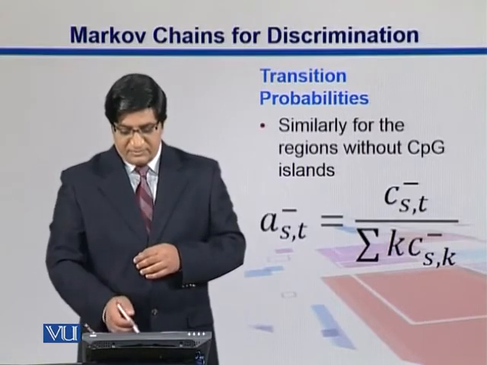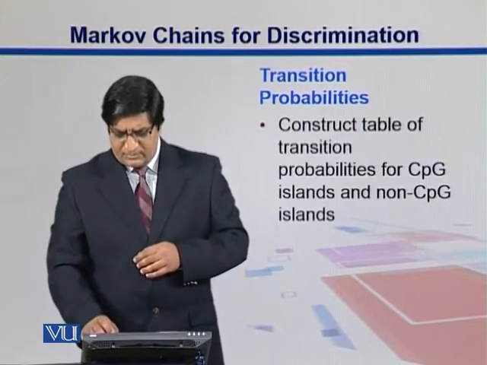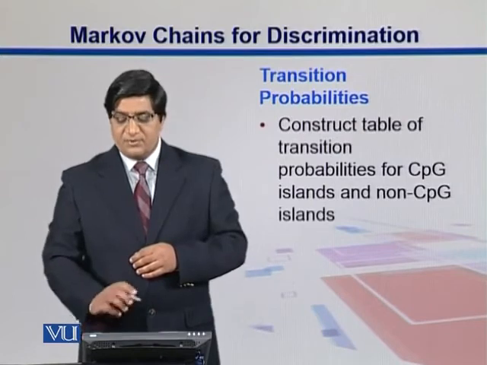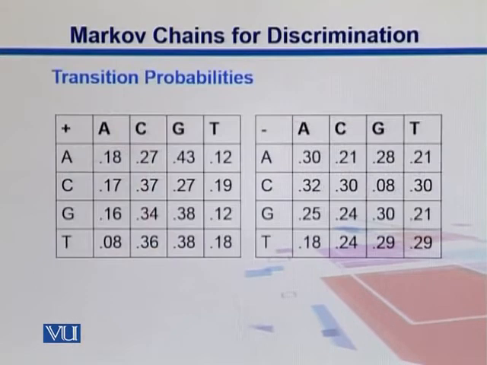For that we calculate the transition probabilities like this, and we construct these transition probability tables both for CpG islands and non-CpG islands. When we put them together, you observe that in these matrices the top part is the second nucleotide and this side is the first nucleotide.